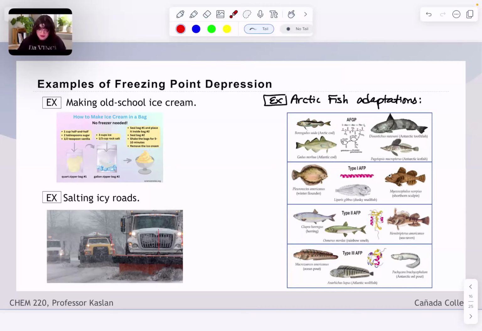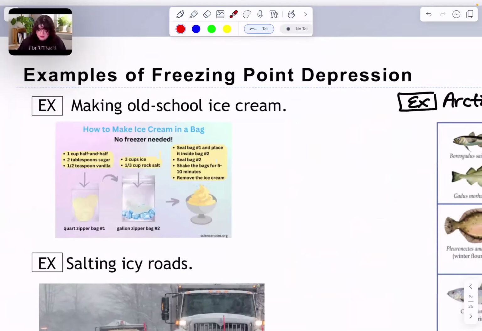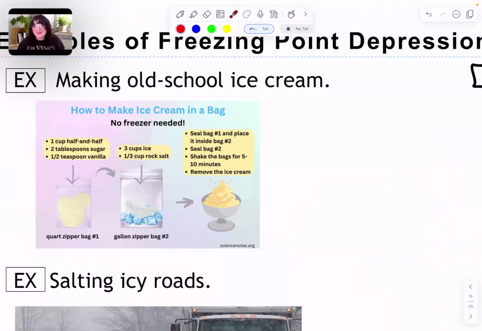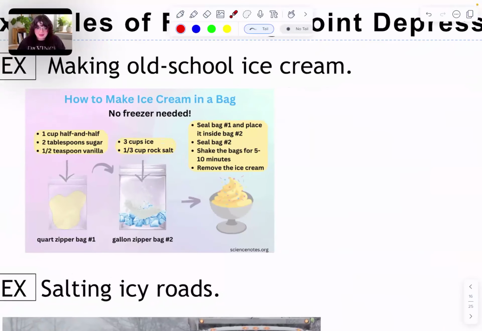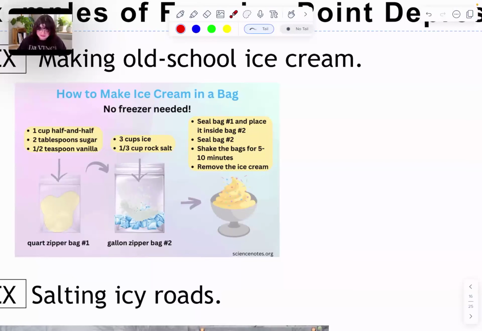So you can go to the store and buy what's called ice cream salt or rock salt, which is what we used in lab. And you can do what this little recipe here is saying, where you can create a solution of rock salt and ice. This will allow you to get a freezing point of solution that is less than the freezing point of water.